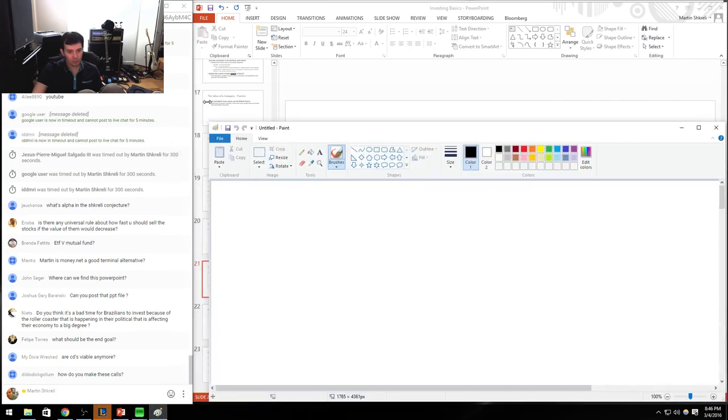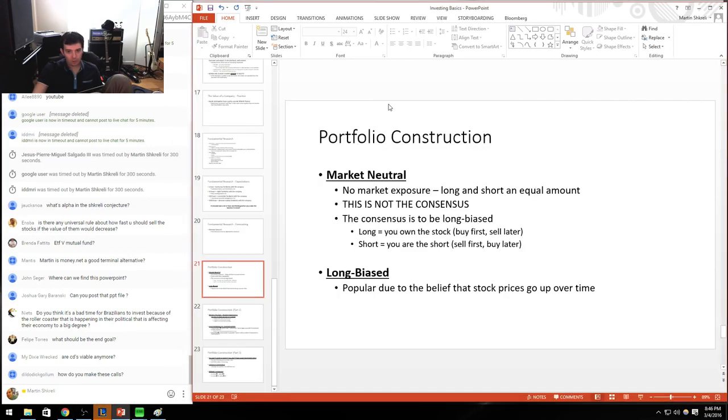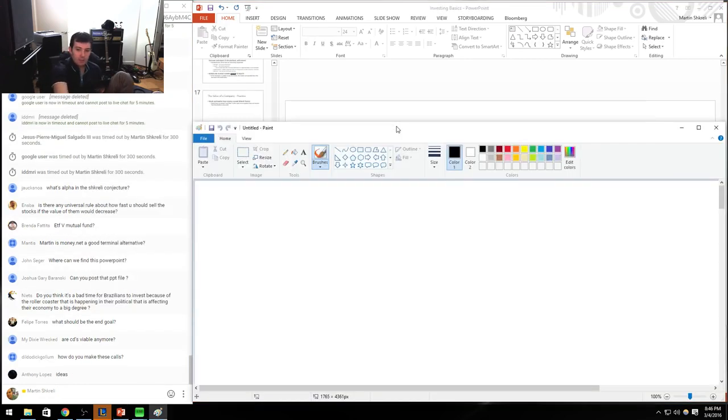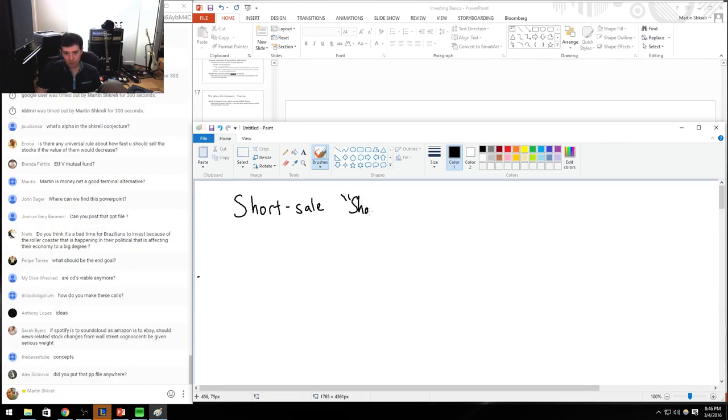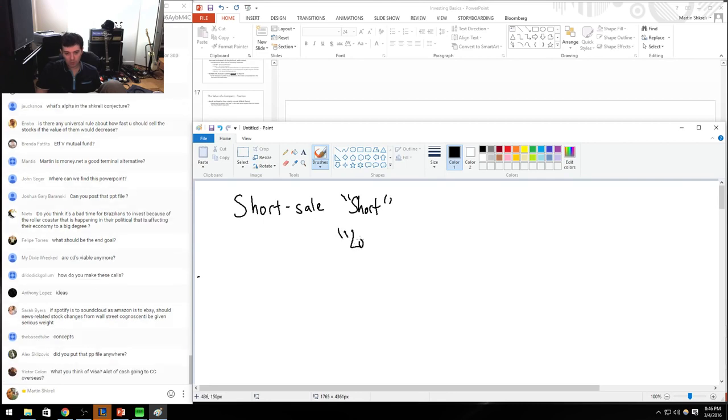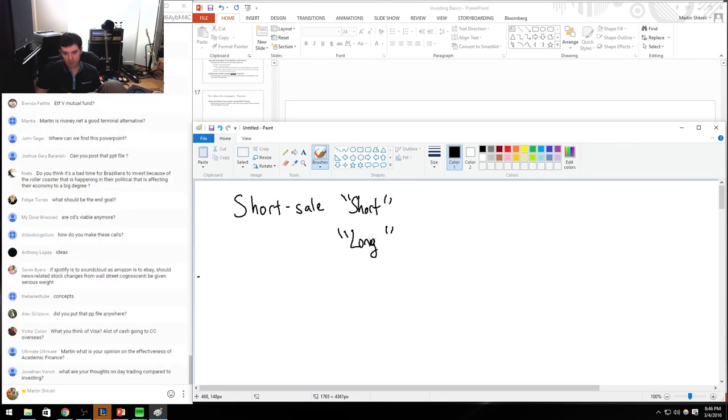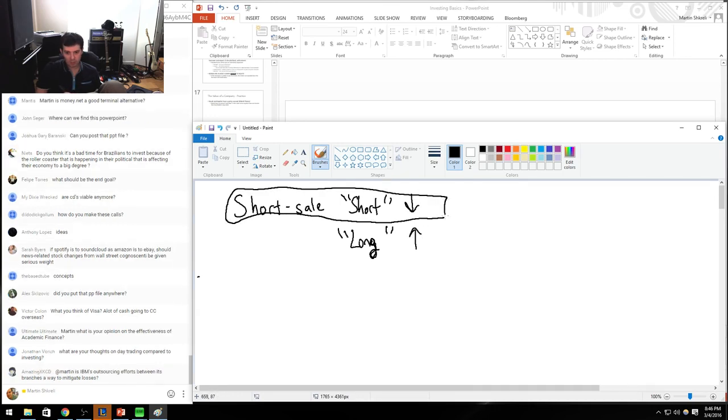So when you try to build a portfolio, the biggest thing is that very few people short sell or short. Most people are only long. In other words, they'll just buy securities, betting that they go up instead of betting that they go down as well. And I actually think shorting is underused.